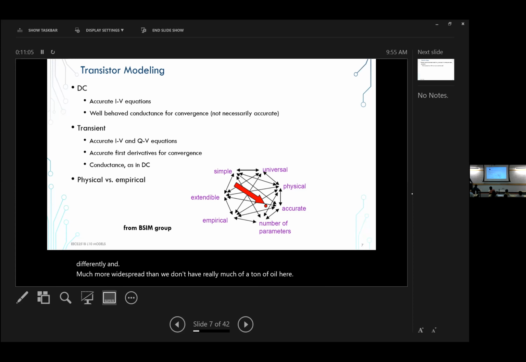When we are doing DC modeling, we really care about accurate IVs. Again, if you're looking at some less mature models and some things that are from non-mainstream foundries, you will find these convergence issues. That means that non-Berkeley quality people have done this smoothing of the curves, and they don't have well-behaved derivatives of the models.